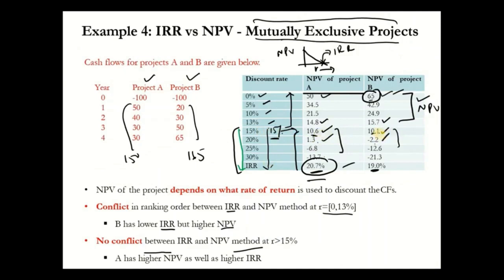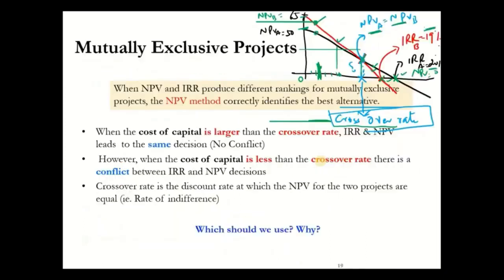At maybe 15 point something percent, the answer would be the same. But after 15%, the situation favors project A. So for instance, at 15 point maybe 2%, the situation will favor project A, right?